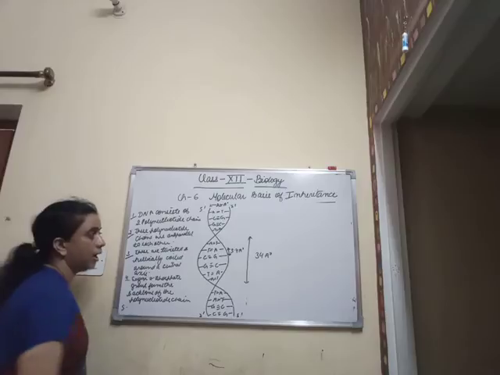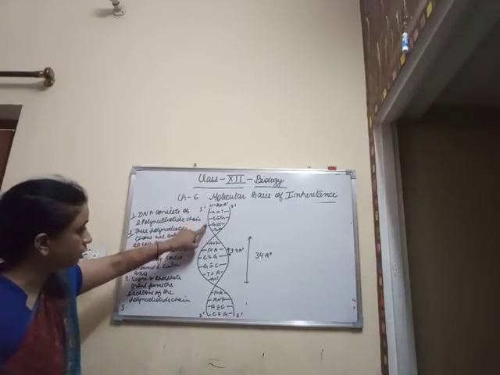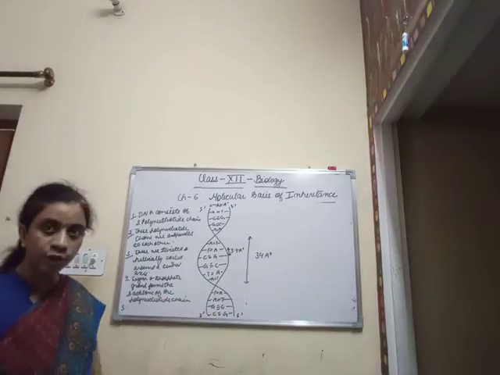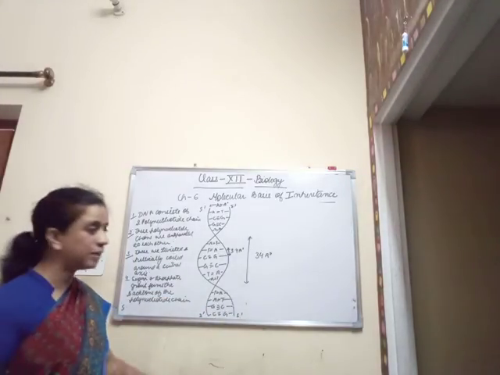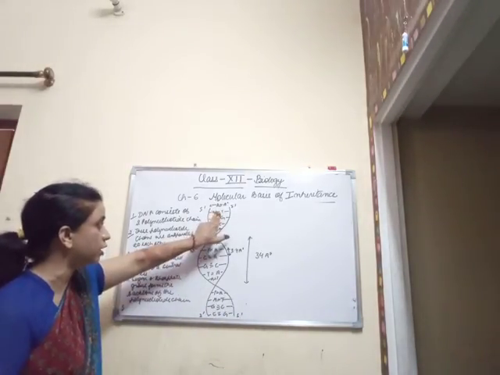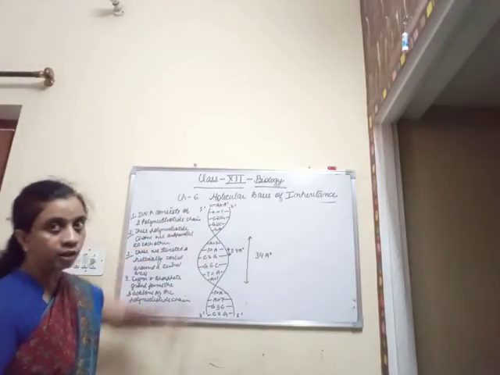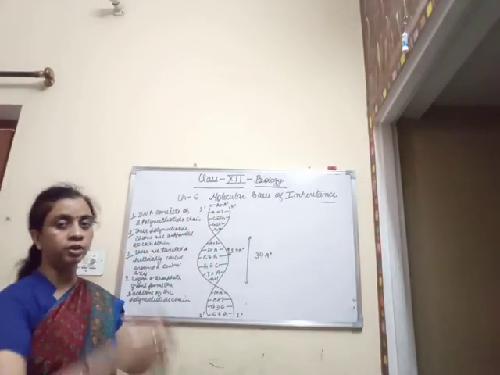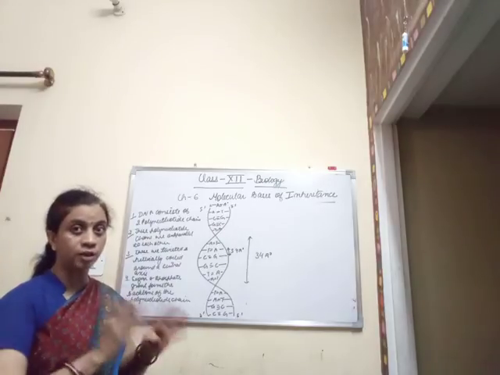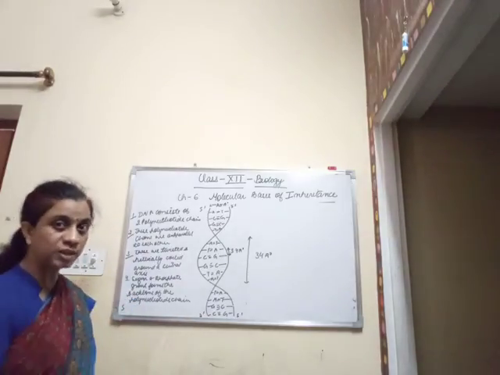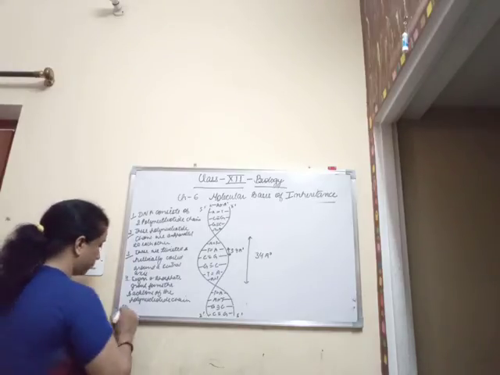Next, I said that the backbone is made up of the sugar as well as the phosphate molecule. Then what about the nitrogenous bases? These nitrogenous bases are projected towards the center of the molecule, and they are not in a hanging condition, but are found forming base pairs having specific base pairing.